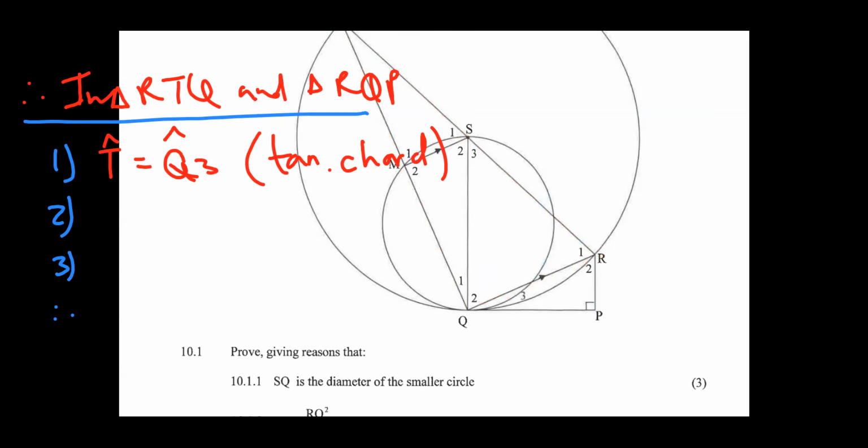So we have two angles that are 90 degrees. Angle P was given as 90, and angle PQR we calculated now. Our reason here was angle in a semicircle.